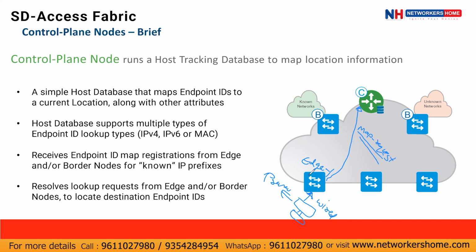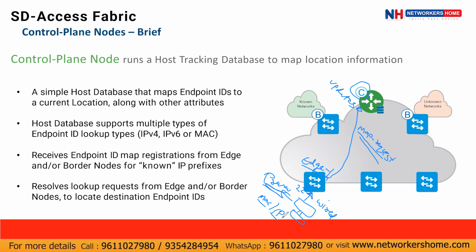In this, the edge node informs the control plane node that I have an endpoint with this MAC address, whatever the MAC address or IP would be, and connected to me on this specific port link, for example, port 22, the physical port. So what the control plane does is it updates its database that yes, on this specific edge 1, we have a new device with this specific MAC and IP address.